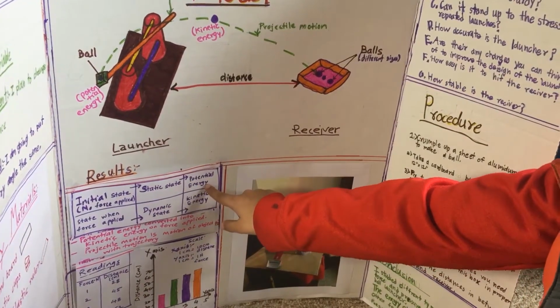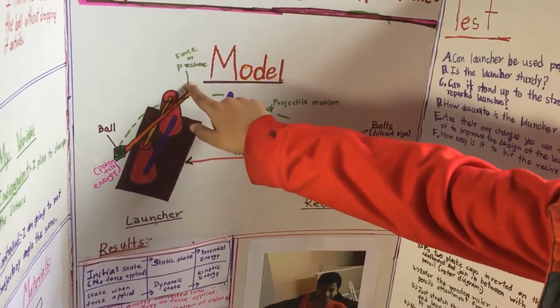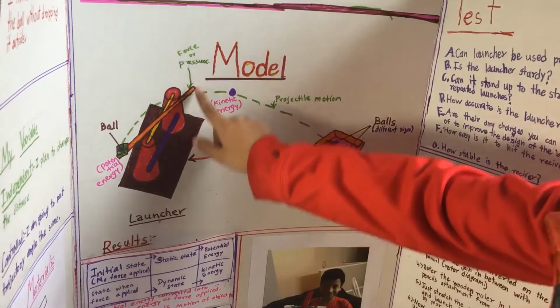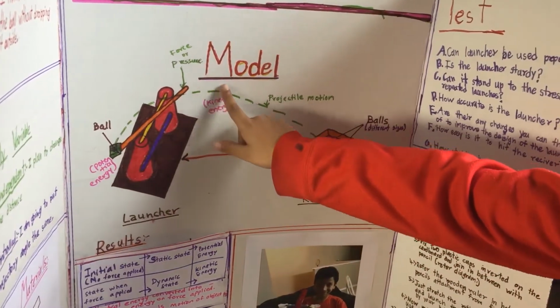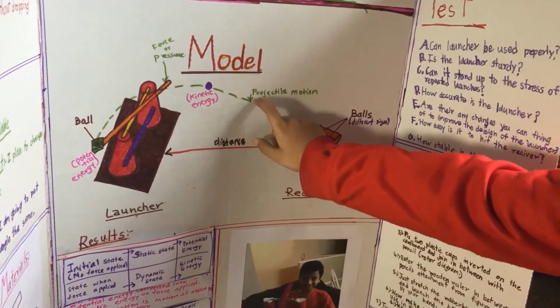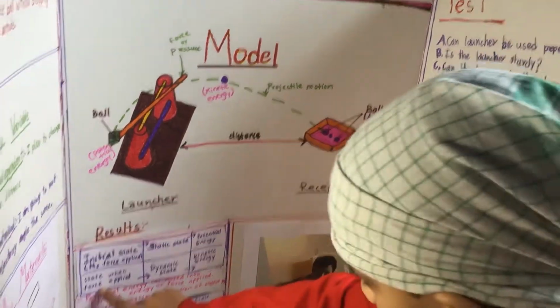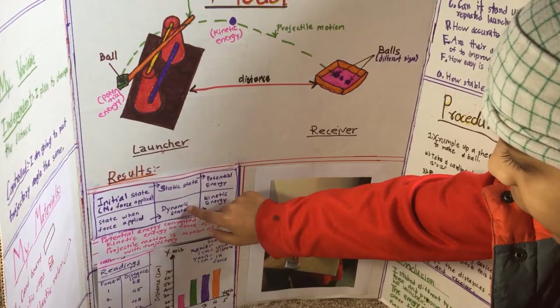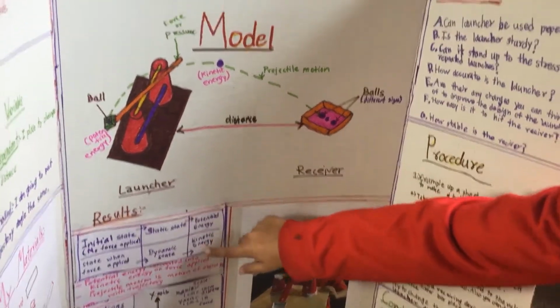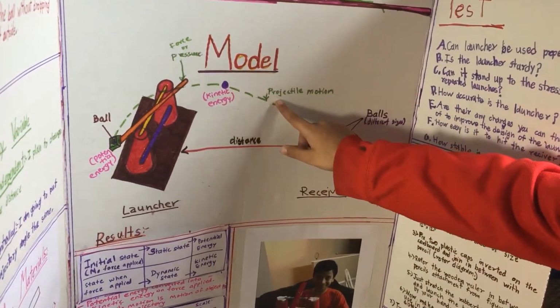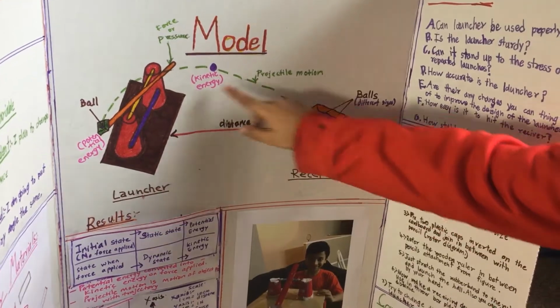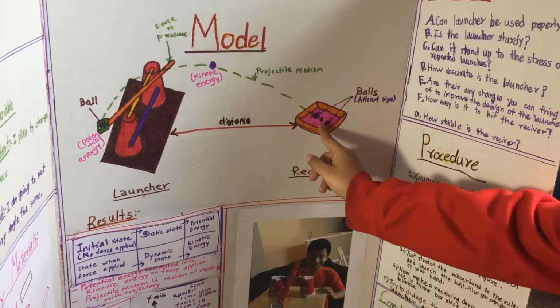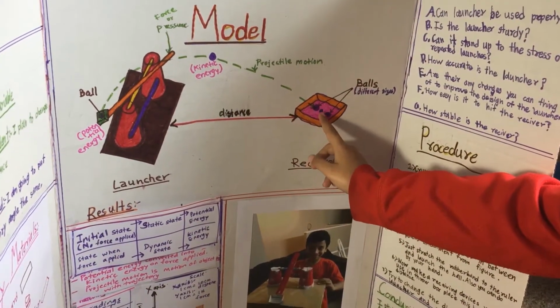And then when I put pressure on the ruler, the ball goes into kinetic energy, which is the force applied, the dynamic state. And then it goes into projectile motion with the angle, and then it lands into the receiver.